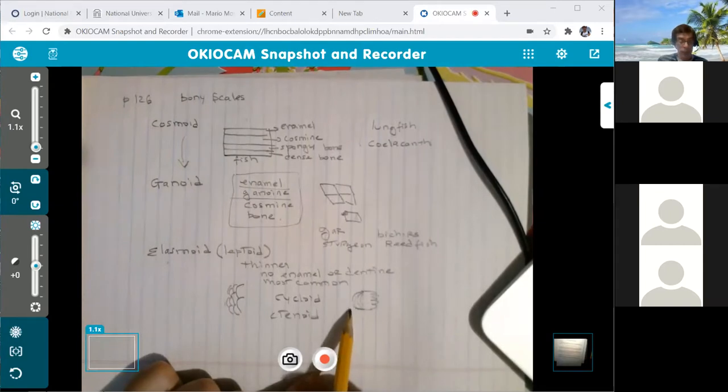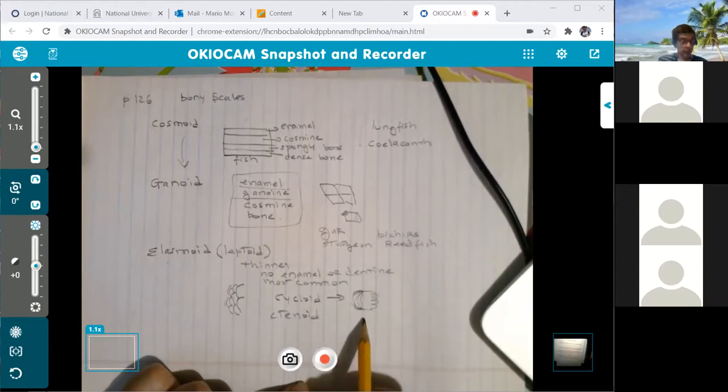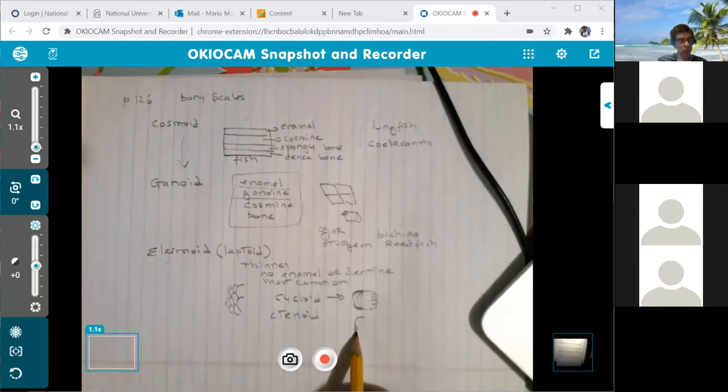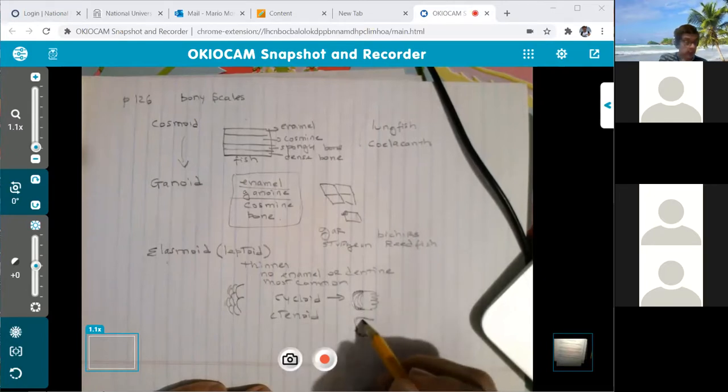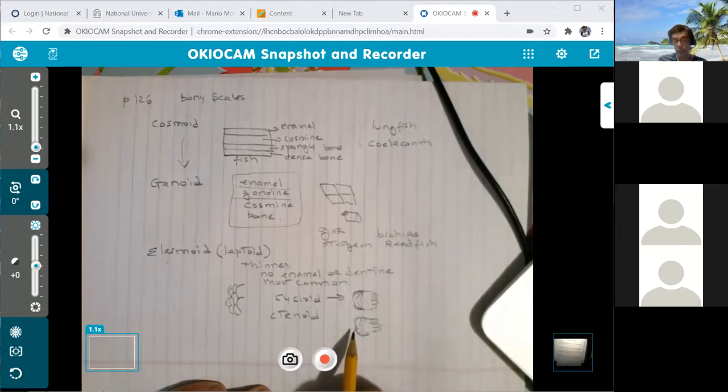If the outer edge right here is smooth, it's cycloid. If the outer edge is like the teeth of a comb, like that, it's still going to have the layers for the age, but this is not going to be smooth.